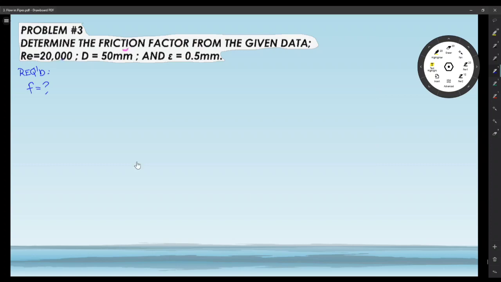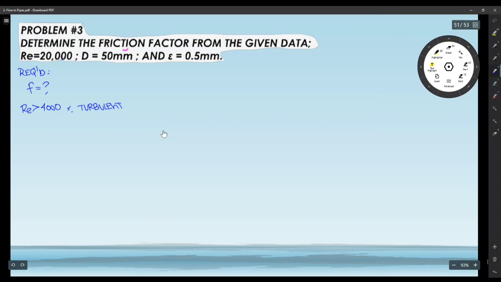So, kung maaalala, when the value of the Reynolds number is greater than 4,000, therefore, this can be considered as turbulent. Kasi nga meron siyang kanyang formula for a turbulent and laminar flow. And since binigay yung kanyang roughness, which is 0.5, so ang gagamitin nating formula is yung kay Colebrook equation.